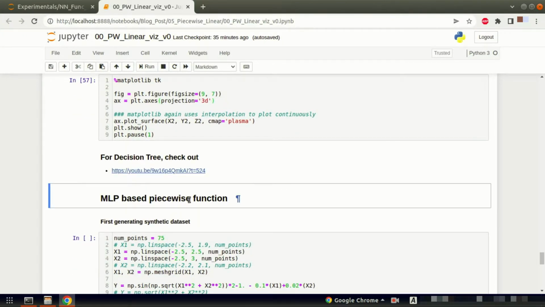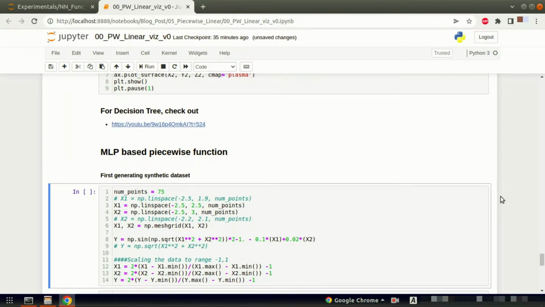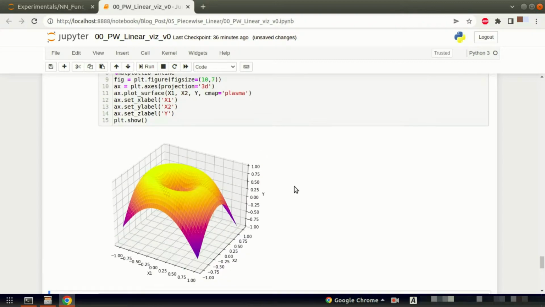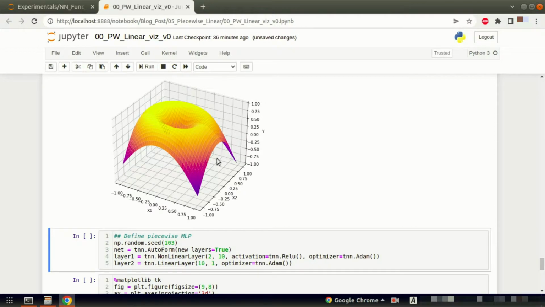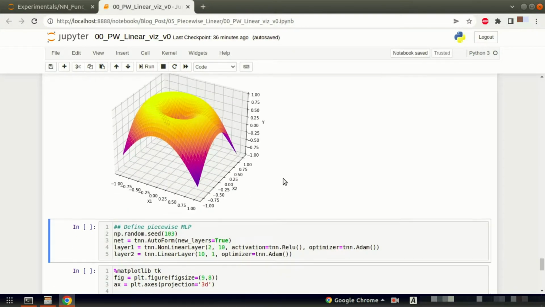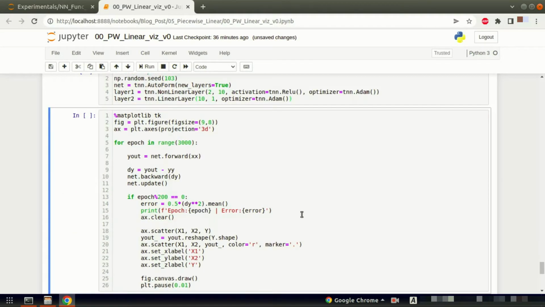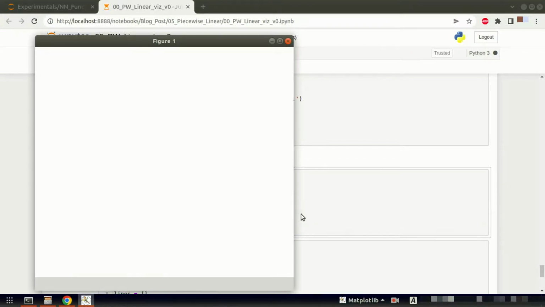So next we'll go into MLP based piecewise function for 2 dimensions. Let's generate a synthetic dataset at first, and you see this is a 2-dimensional dataset, and we want to fit a piecewise function to this dataset, right? So we make a neural network with 10 hidden units and ReLU activation function, and here is the learning process.